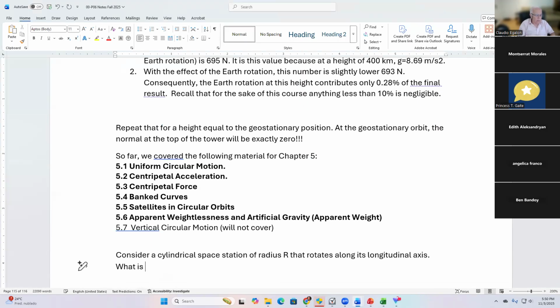What is its period of rotation required to produce an acceleration equal to g at the inner shell of the station?